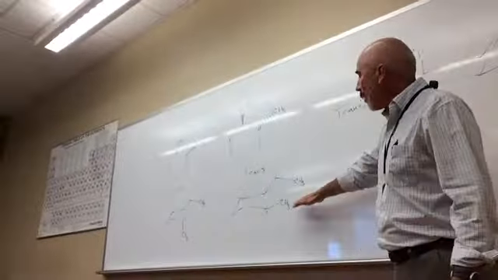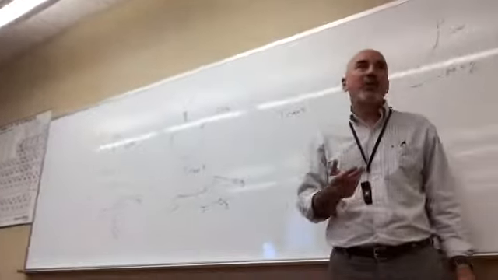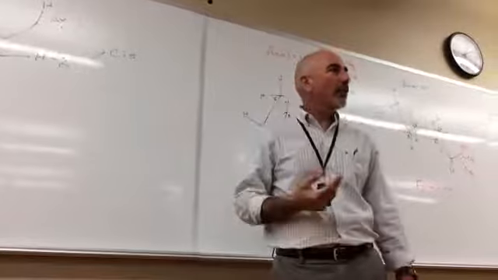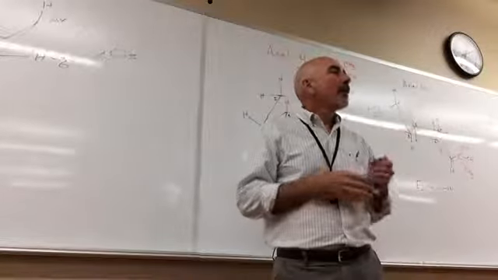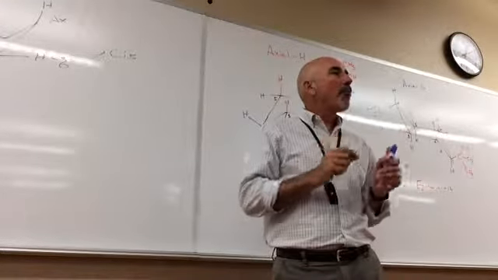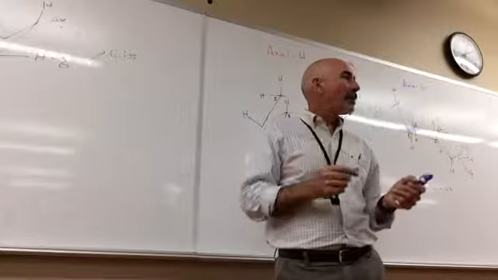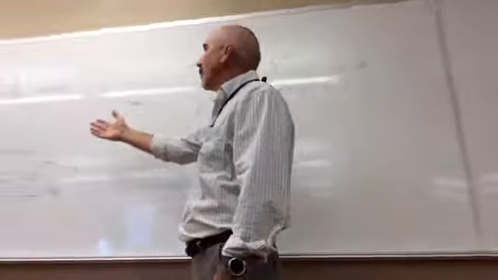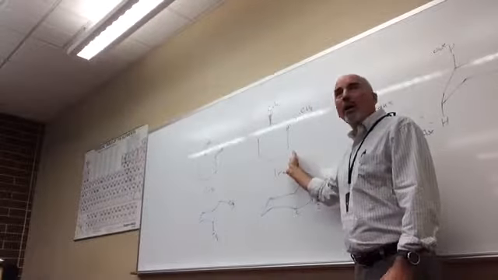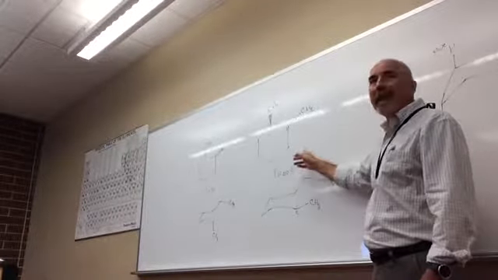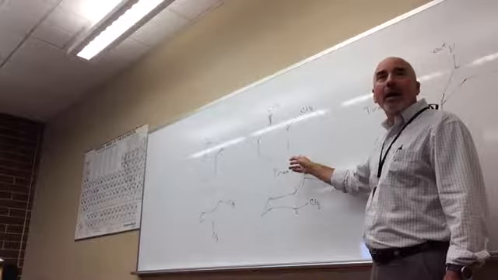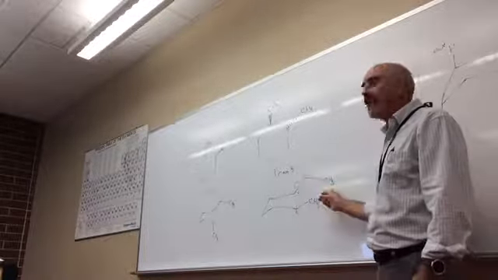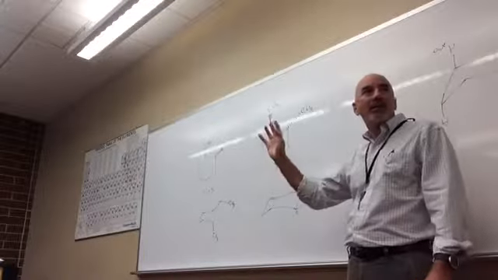But I do it this way because a lot of questions on Sapling or from Dr. Nogales or from other places will say, give the most stable conformation of this cyclohexane. Okay? Well, I know if I start off with it being axial, I have a great chance of it being wrong. So I'd just make it equatorial from the beginning and then do the rest.